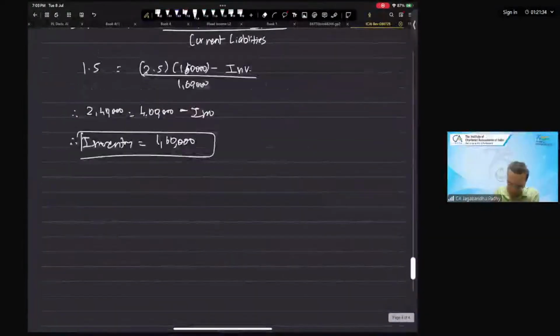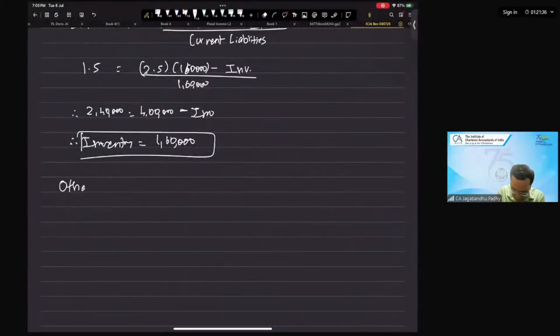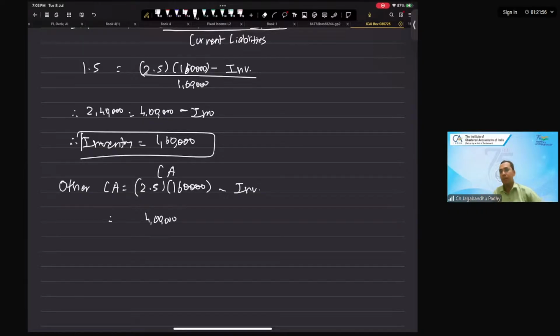And other current assets will be 2.5 times of 1,60,000, which is your current asset, minus inventory. So 2.5 times of 1,60,000 is 4 lakh. 4 lakh minus inventory of 1,60,000.